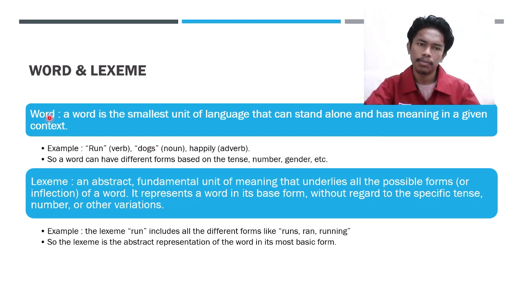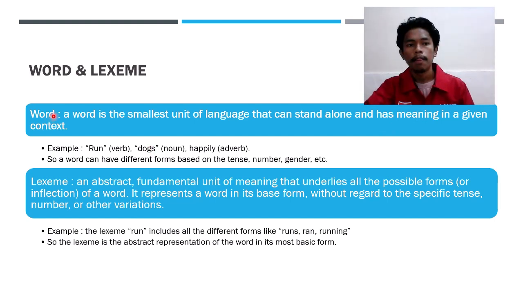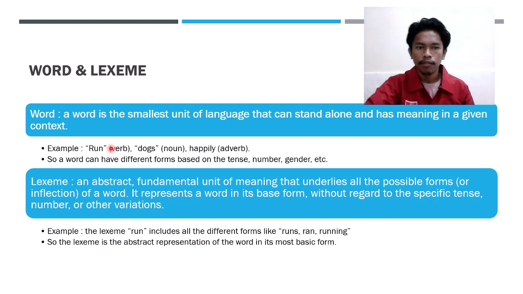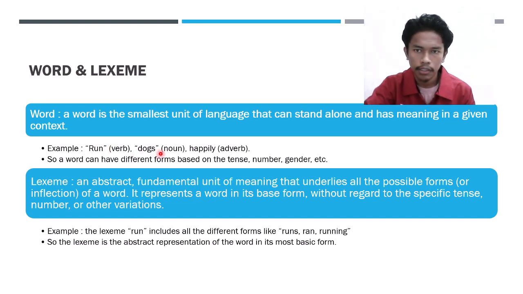You can write: smallest unit of meaning. Examples: run as a verb, dogs as a noun, happily as an adverb. A word can have different forms based on tense, number, gender, and so on. For example, here the number is plural: dogs as a noun.